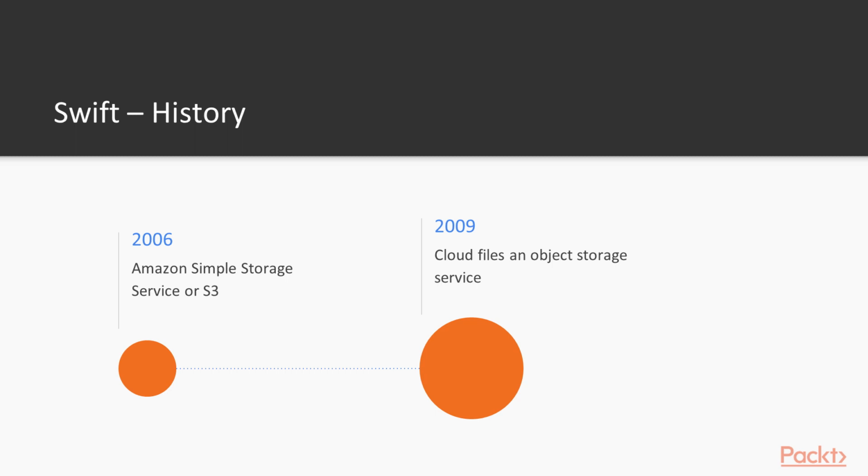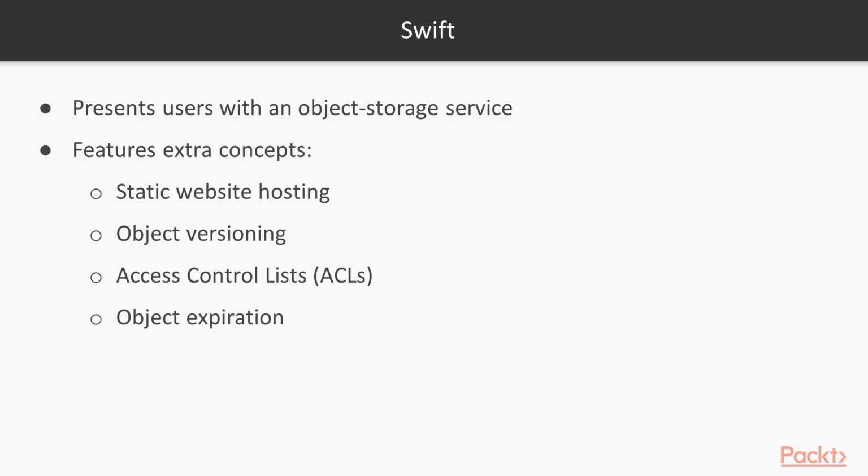In August 2009, Rackspace was inspired by Amazon S3 and began working on their very own object storage service called Cloud Files. This project became what we know as OpenStack Swift, the open-source scalable redundant storage system with a RESTful API. Like S3, Swift presents users with an object storage service that makes storage appear limitless.